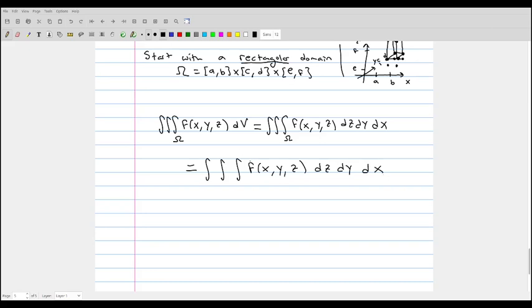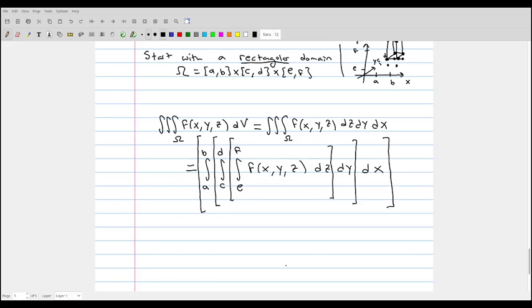For a rectangular domain, x is going from a to b, which is a constant to a constant. y is going from c to d, which is a constant to a constant. And z is going from e to f, which is a constant to a constant. So we can break this up into 3 separate integral procedures, just like we did for the double integral, only for the double integral we only had 2 separate integration procedures.